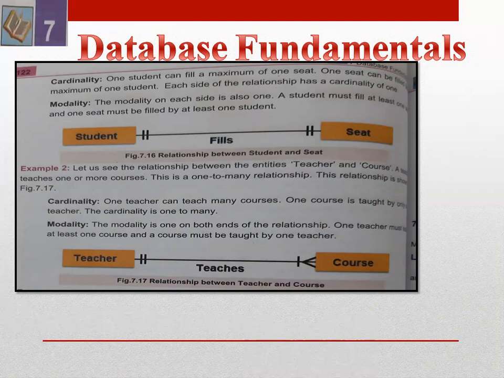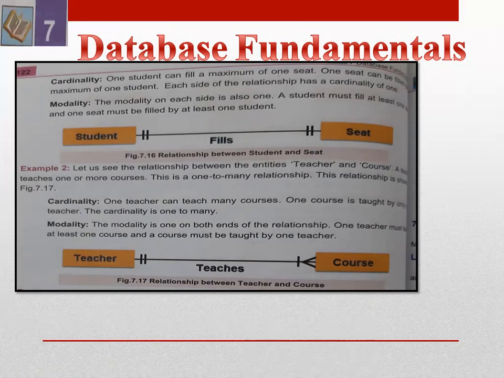If you remember, we discussed this in the previous lecture: when only one instance of an entity is associated with the relationship, it is marked as a one-to-one relationship. It can be drawn as you can view on your screen.